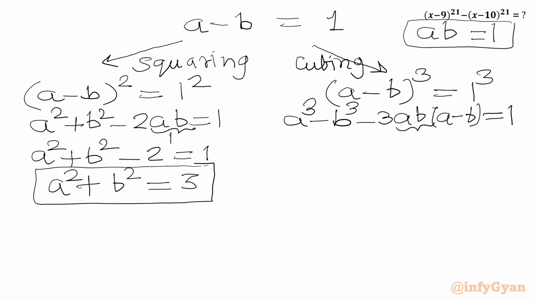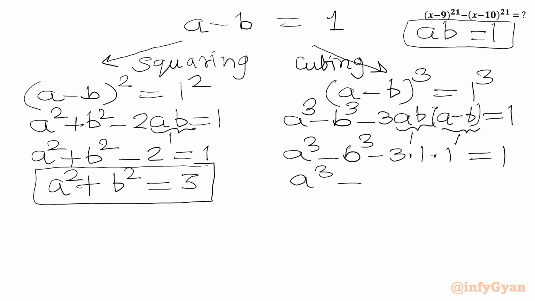Now using equation 1, ab is 1. Using equation number 2, a minus b is also 1. So we will get a cube minus b cube minus 3 times 1 equal to 1. Or a cube minus b cube minus 3 equal to 1. So we will get a cube minus b cube value, which will be equal to 4.